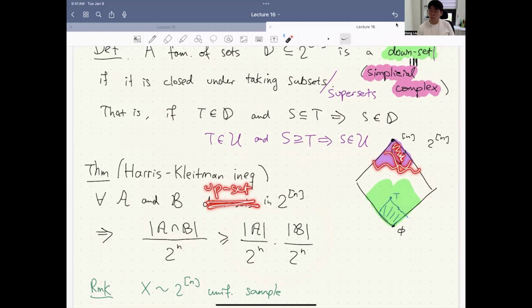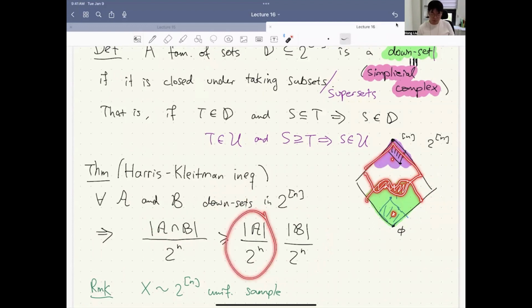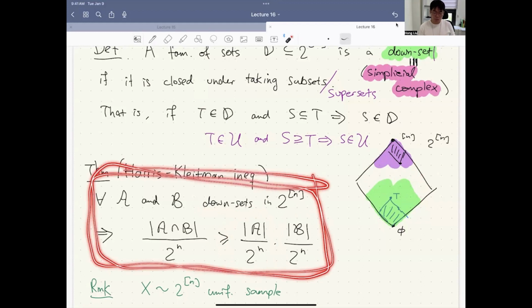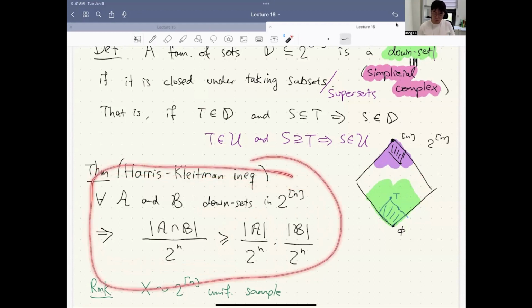But if one of them is an upset and one is a downset, they are favoring large and smaller sets respectively, so their intersection intuitively will be less than the product of their densities. And that's also true. If they are opposites, then they are negatively correlated. So we will prove this version and leave all other versions as exercises. It's just simply modifying the proof of this version.